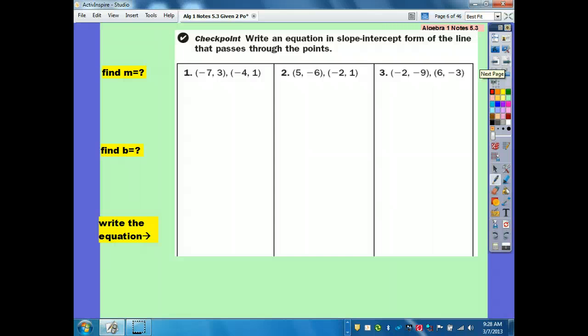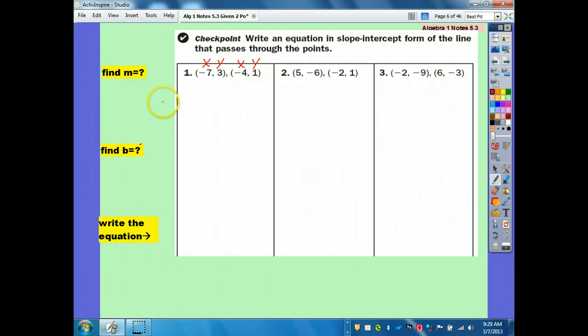Write an equation in slope-intercept form of the line that passes through these points. All right? So what do I need to do first? Find the slope. Unless you're me, I like to label everything. X, Y, X, Y. That way I don't goof up after doing 8, 10 problems. I remember which one's which when I look up there.